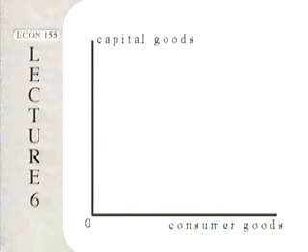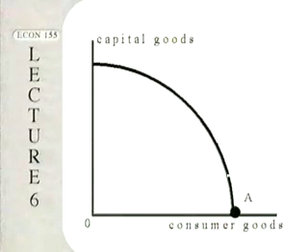What we said is, if the United States uses all of its resources for consumption goods only, let's say at point A, then we'll just consume everything that we produce right now. But that will not help the economy grow.